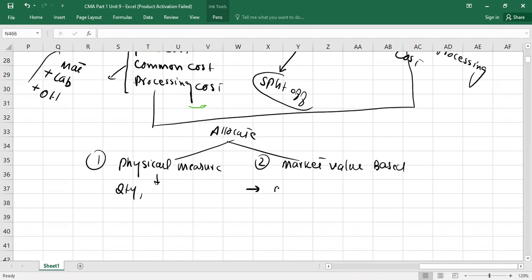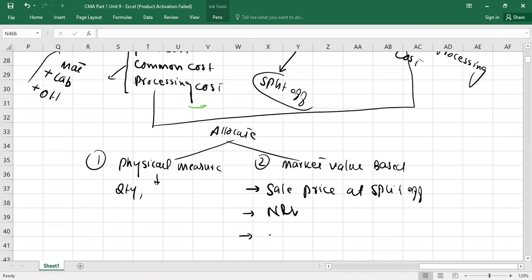We will use the sale price at split off method. For example, if you sell the product at the split off point, what sale value will you get? Based on that, we will allocate. Then we have the net realizable value method, NRV method, which I'll explain.